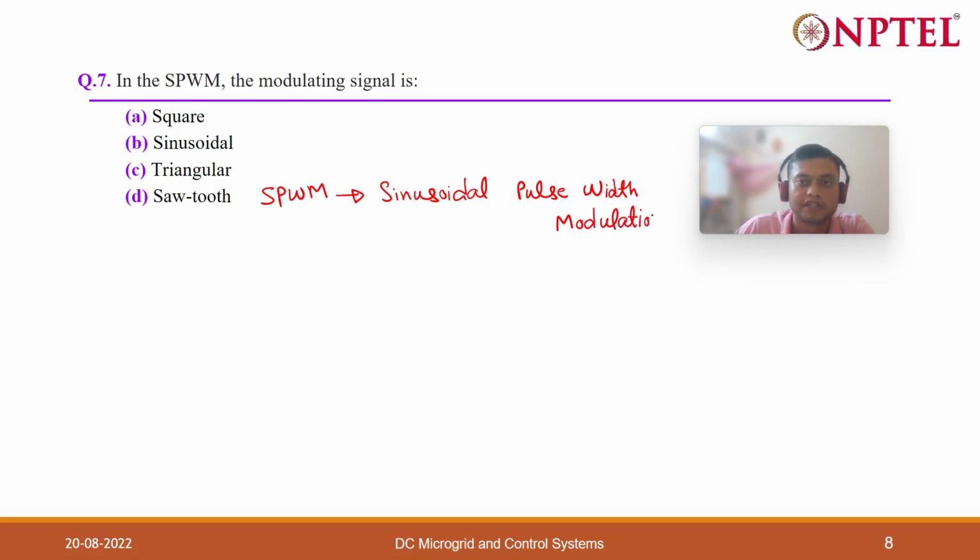We compare the reference signal with the carrier signal to get the required pulses to provide to the switches. So modulating signal, you can also say it as reference signal.